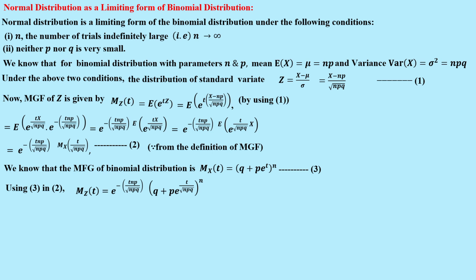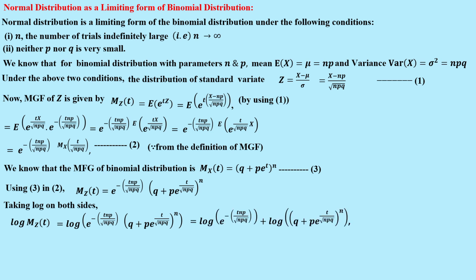Whole power n. Taking log on both sides, log Mz of t is equal to log of e power minus t np by root npq into q plus p e power t by root npq whole power n. We know log ab is equal to log a plus log b. So here there are two terms: e power minus t np by root npq is one term, and q plus p e power t by root npq whole power n is the second term.